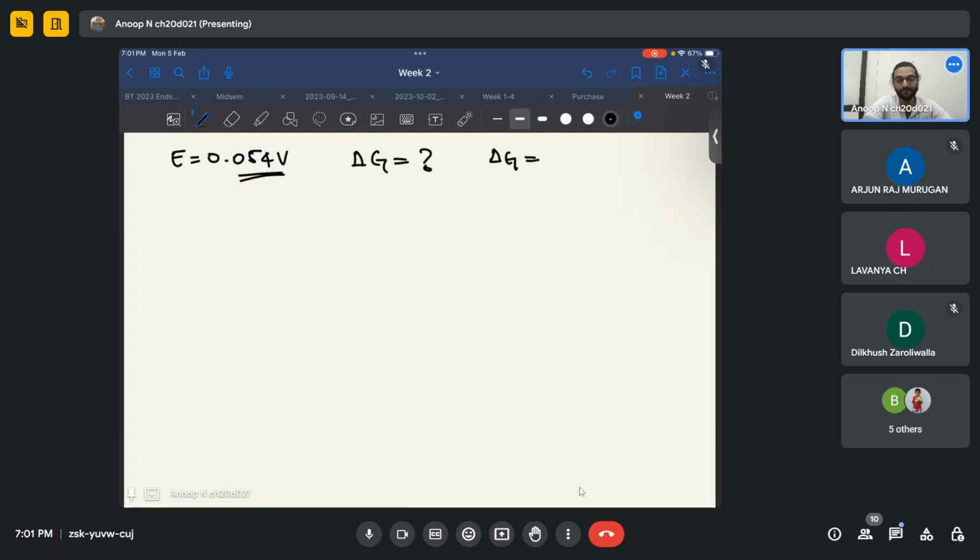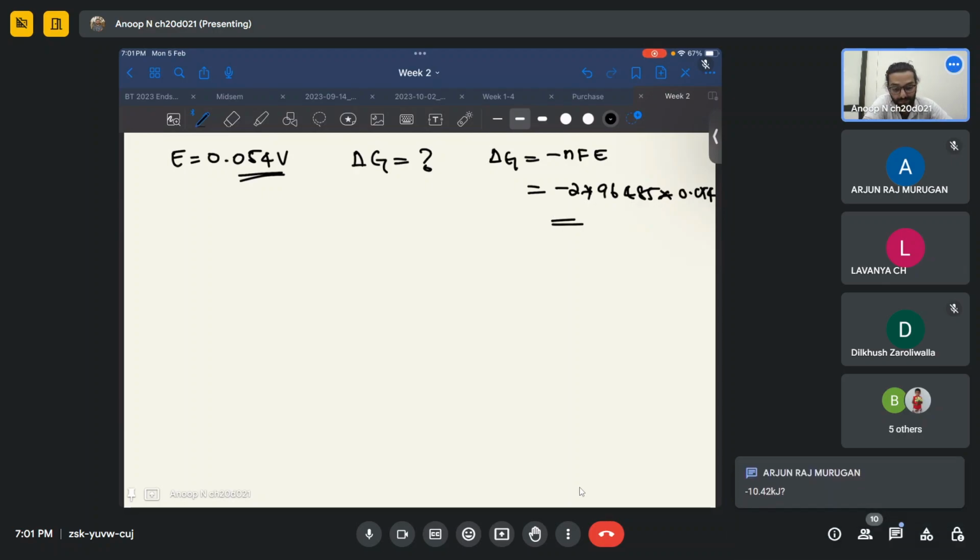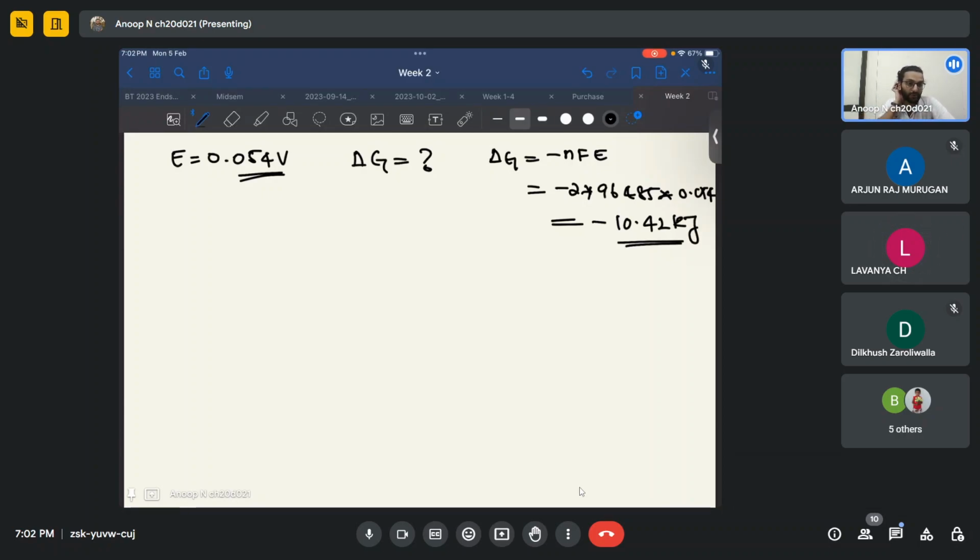Delta G is equal to minus nFE. Please calculate. E is given. So it will be minus 2 into 96485 into 0.054 equal to what's the value? Minus 10.42 kilojoule. Yes, the answer is minus 10.42 kilojoules. So it's direct. I just added the question. Is it fine? If everyone is done, we will move to the next question.